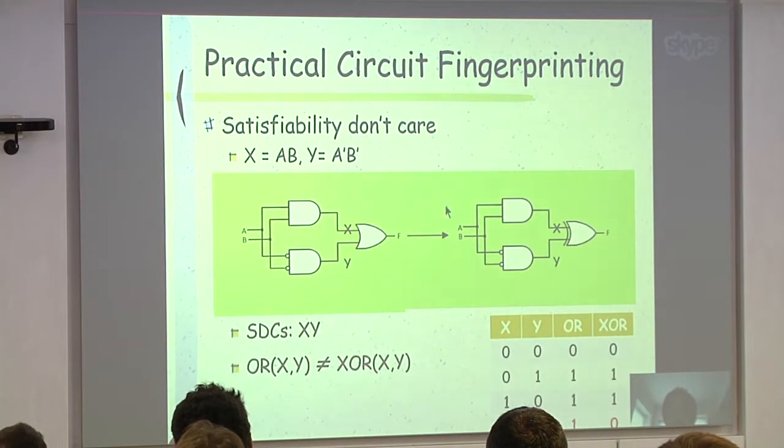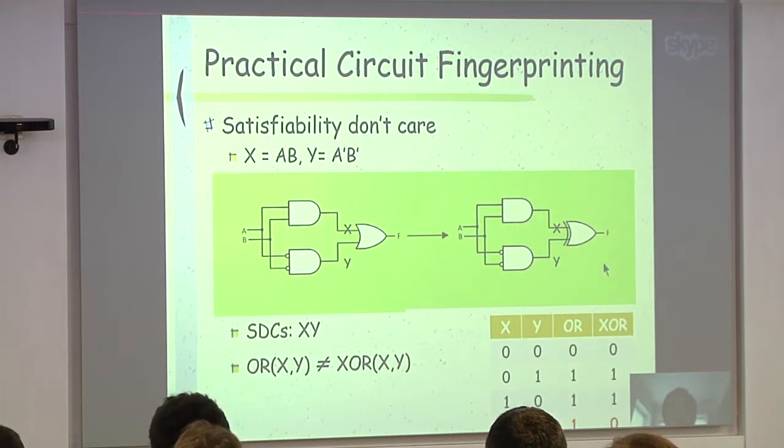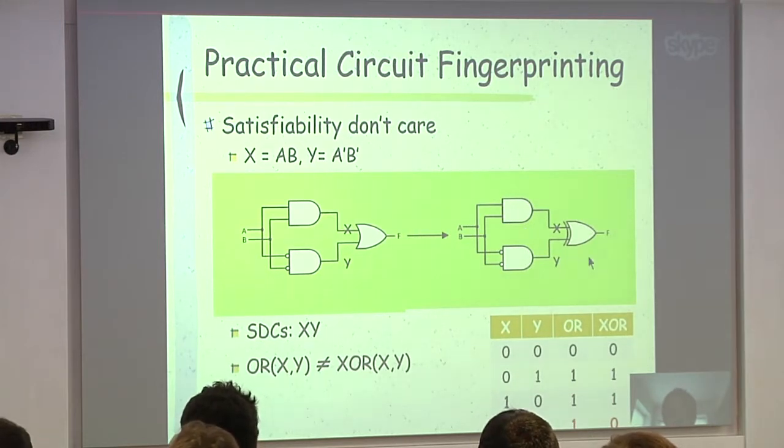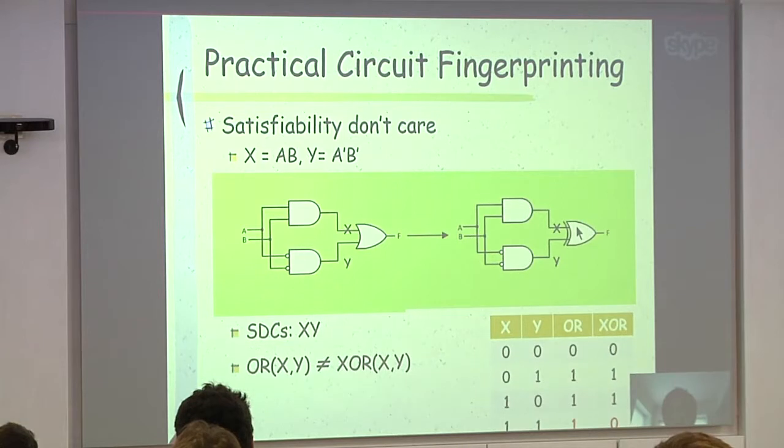So I consider this circuit. What you see here is the difference between the left one, the original design, and the new design: I have replaced this OR gate by the exclusive OR gate. By just looking at the circuit, you see these are different designs because the gates are different.